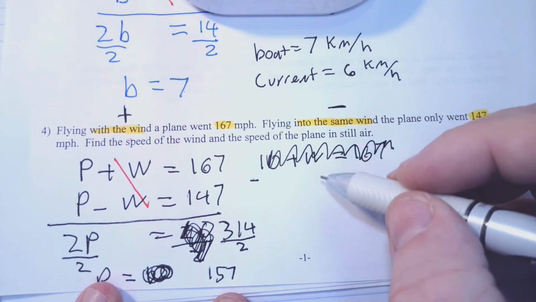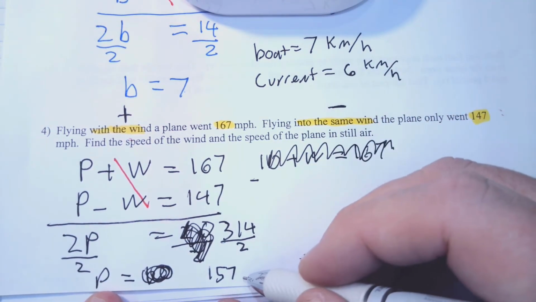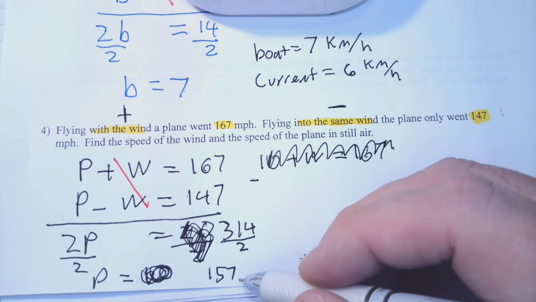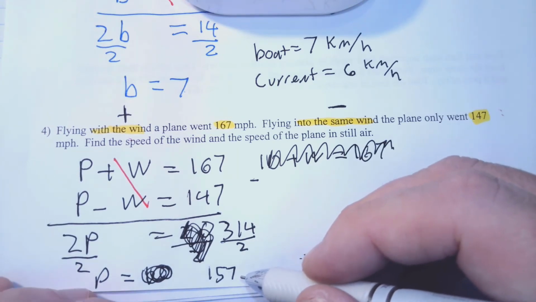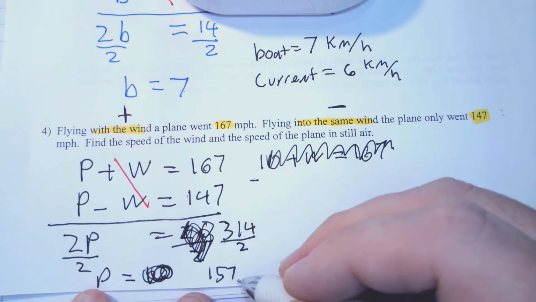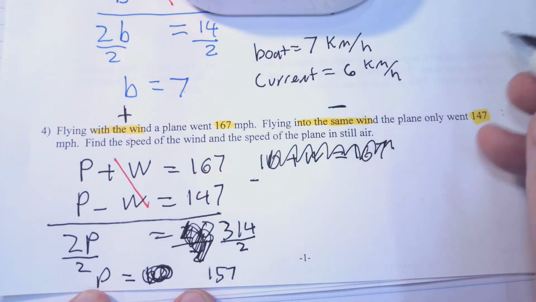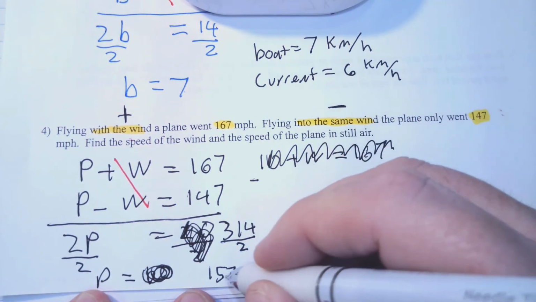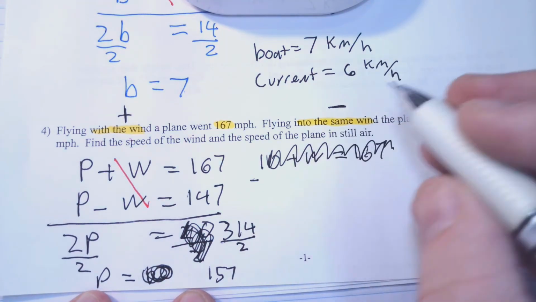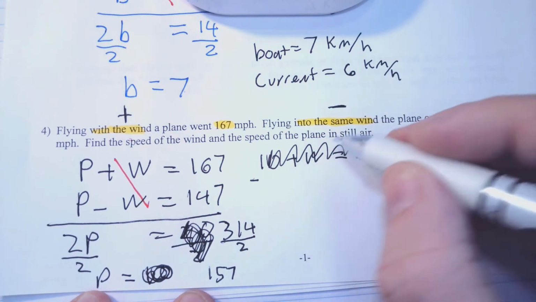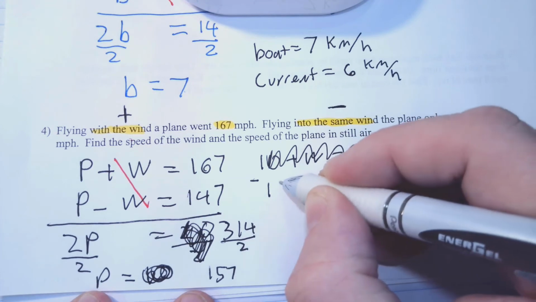Now, this is a slow plane going 157. We're talking biplane level of plane. This is not like a jet. But that's still possible. It probably is a fast biplane, honestly. Anyways, let's go ahead and finish this out and do it right.